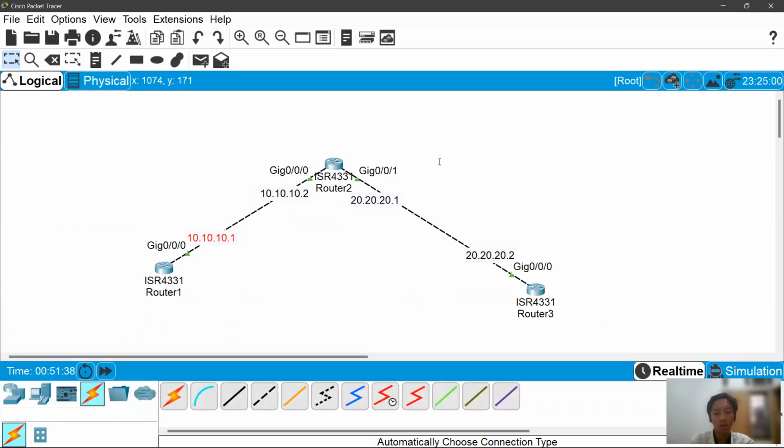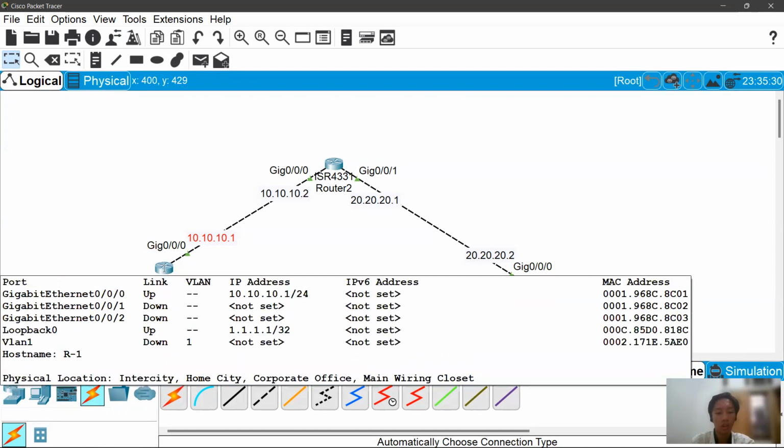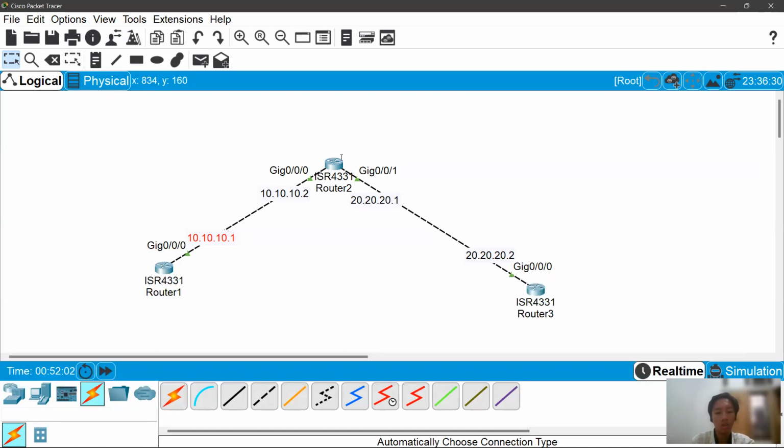So we must configure router 1 with static IP routes to the loopback of router 2, network 20.0, and the loopback network of router 3.